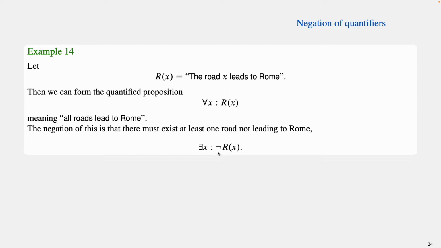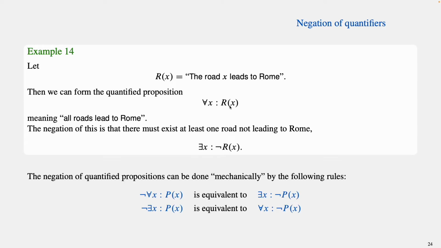What we see here is that when we negate this proposition, we flip the quantifier from a universal quantifier to an existential quantifier, and then we negate the statement behind the quantifier. This is a general rule that can be applied mechanically. If we negate the proposition for all x, P(x), this is logically equivalent to there exists x such that not P(x).